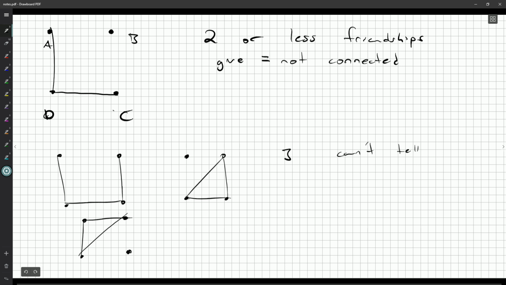Colleen will still be connected to someone. And you can try and work it other ways, connect these two, but you're going to eventually get a cross connection. So 4 friendships or more tells me they must be connected.